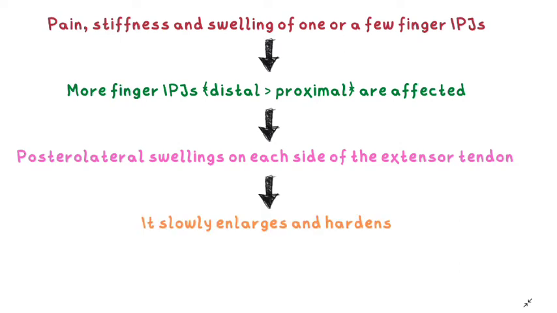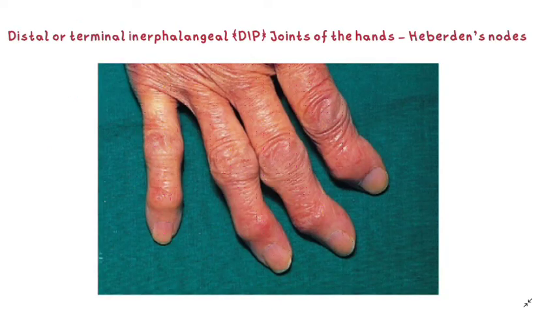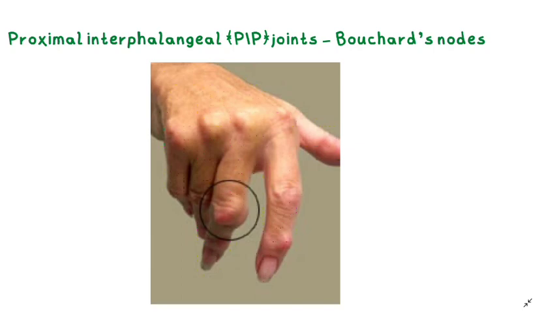It slowly enlarges and hardens to become the nodes. In distal or terminal interphalangeal joints of the hands, the formed nodes are called Heberden nodes, while the nodes formed in proximal interphalangeal joints are called Bouchard's nodes.